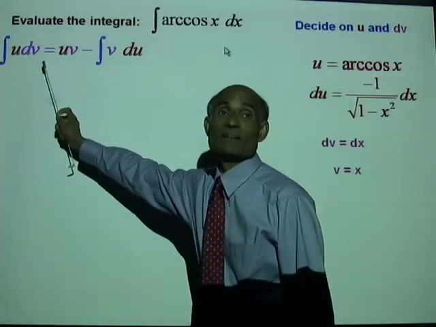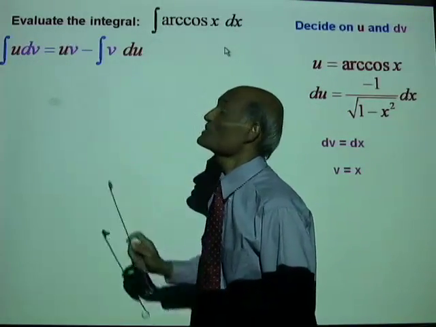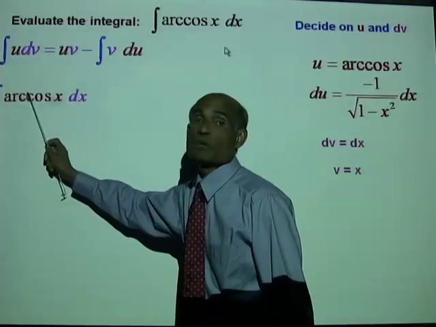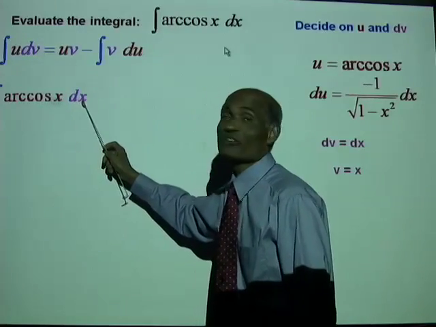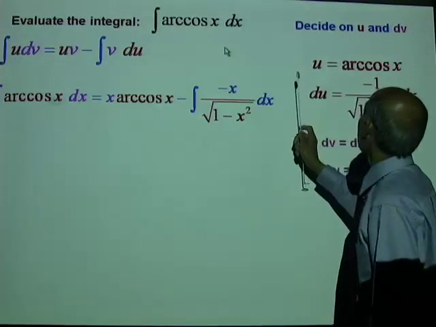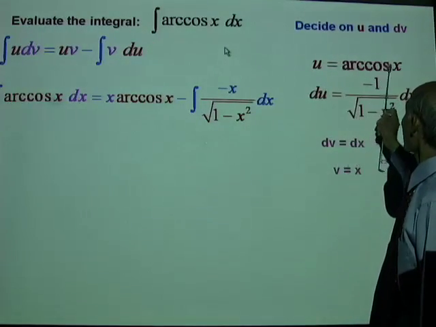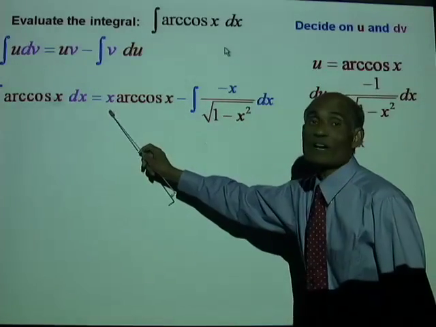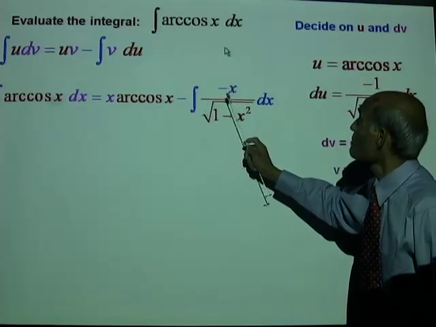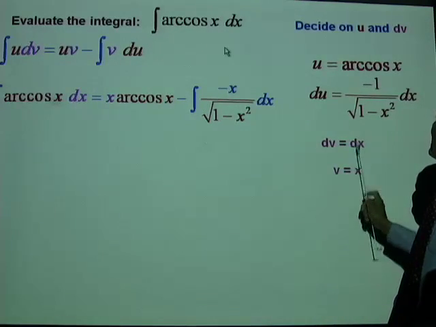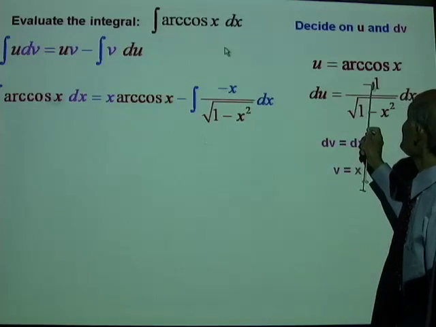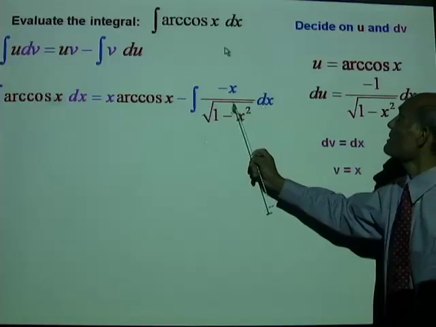Alright, let's go here. Integral u dv is uv minus integral v du. Therefore, integral arc cos x dx is uv, u times v is arc cos x times x, which is x arc cos x, minus integral v du, v is x, du is negative 1 over square root 1 minus x squared.